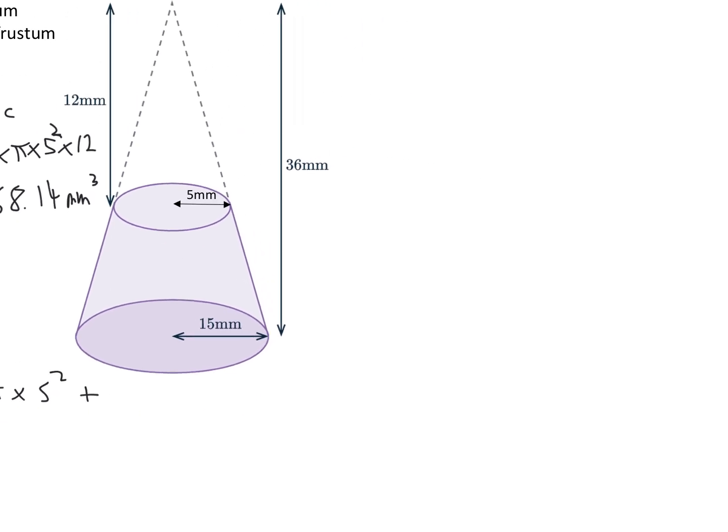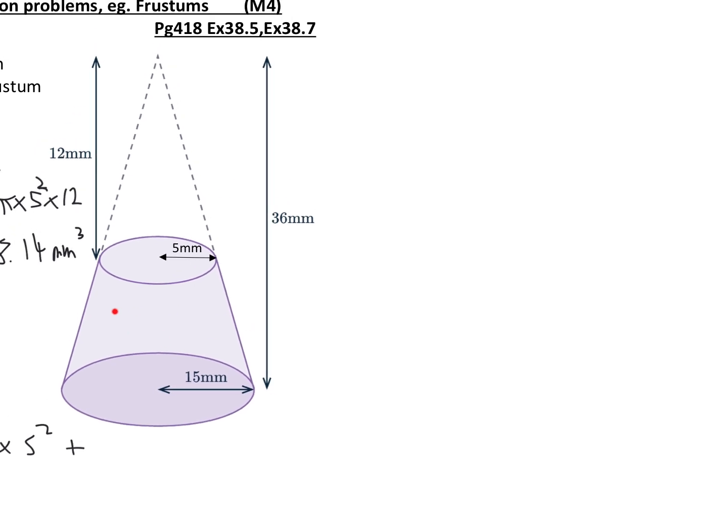So how do we find out this curved surface area? Well, this curved surface area is the curved surface area of the large cone minus the curved surface area of the small cone. So the total curved surface area is the curved surface area of the big cone minus the curved surface area of the small cone.